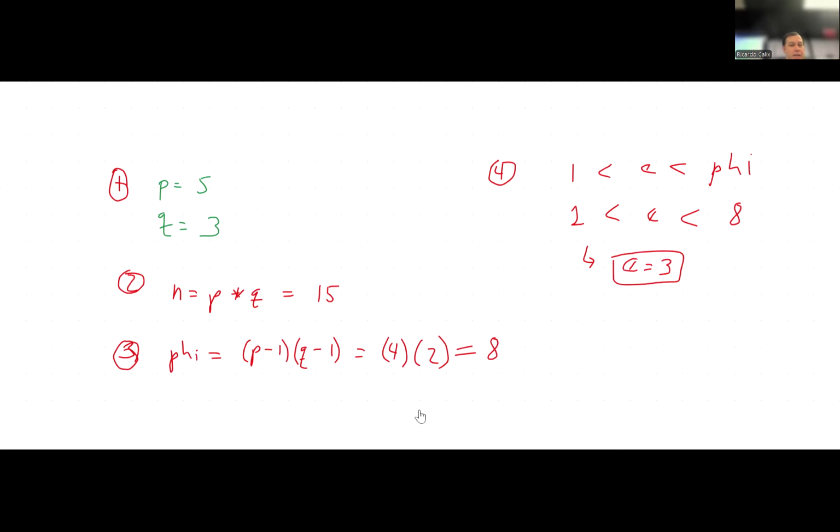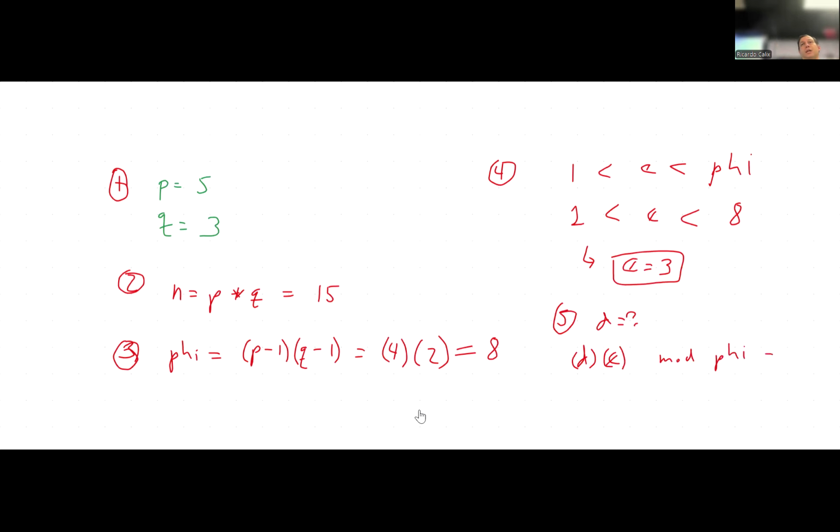Okay, so I've picked an E. Then I need to pick step 5, D, such that it meets that equation that I wrote. So I need to select D, where D times E mod phi equal 1.